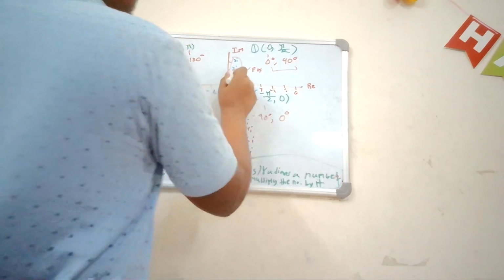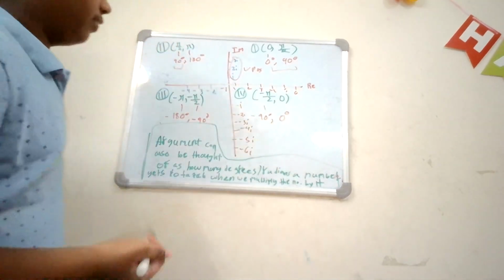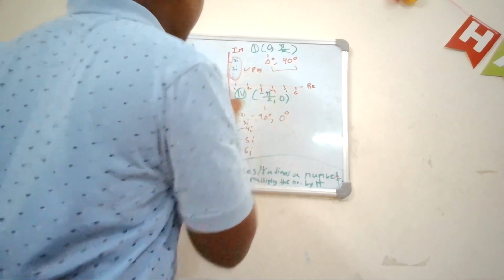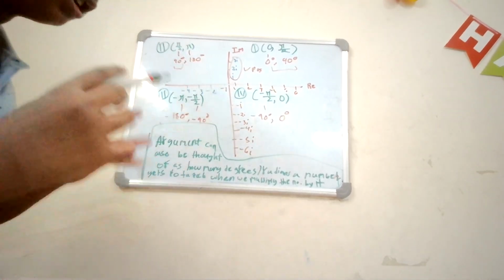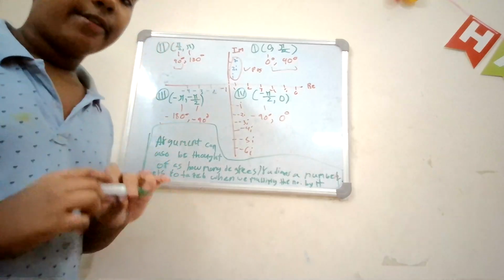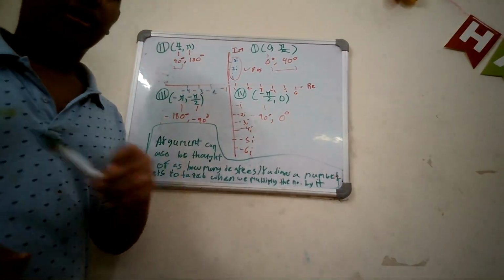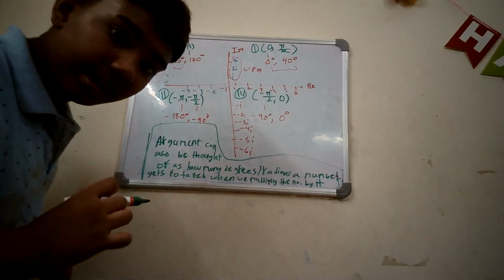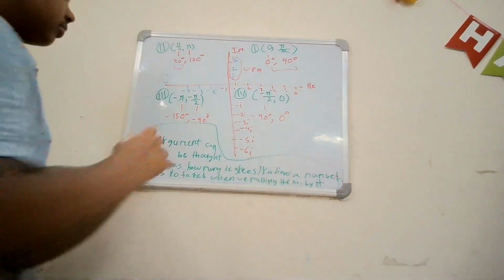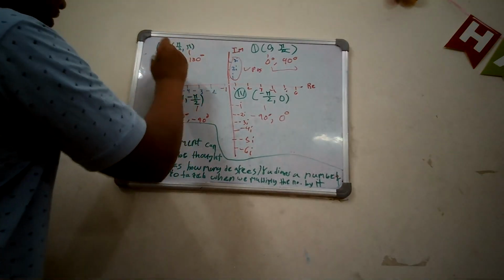Like if we have any complex number, we can just represent it on the positive real axis, and we can find the argument. But we can also think of it as how many degrees a number gets rotated when we multiply that number by the original number. For example, I said that multiplying by i gives a 90-degree rotation. That's why it's going from 90 degrees.